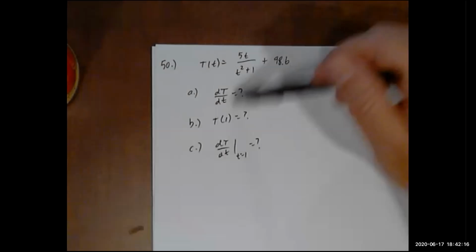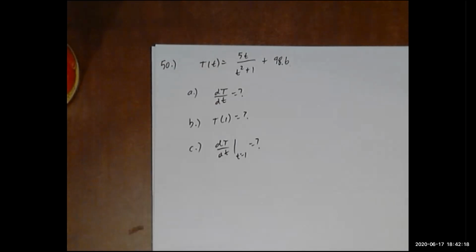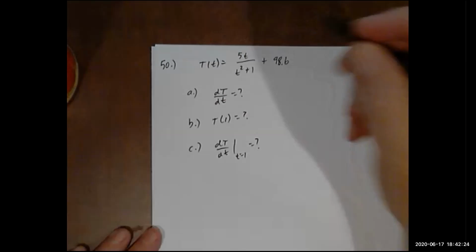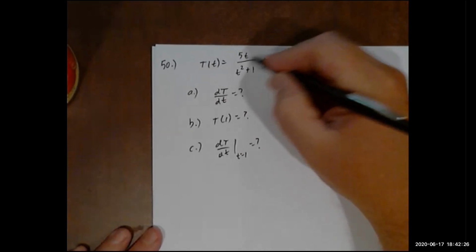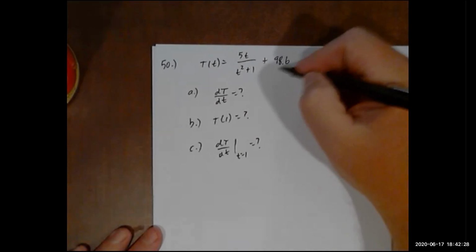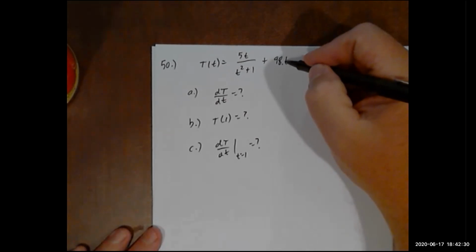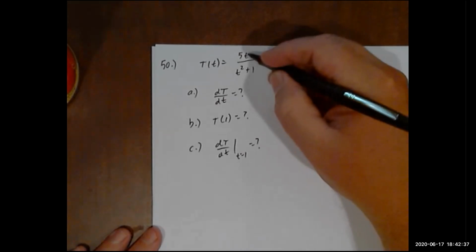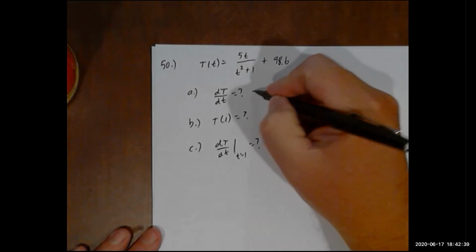So part A, they're asking for the rate of change of the temperature. So we're going to take the derivative of this equation, and our variable is small t. We've got two terms here. First of all, the derivative of a constant is just 0. So really it comes down to the derivative of this first term, and I'm going to have to use the quotient rule because I've got a fraction here.